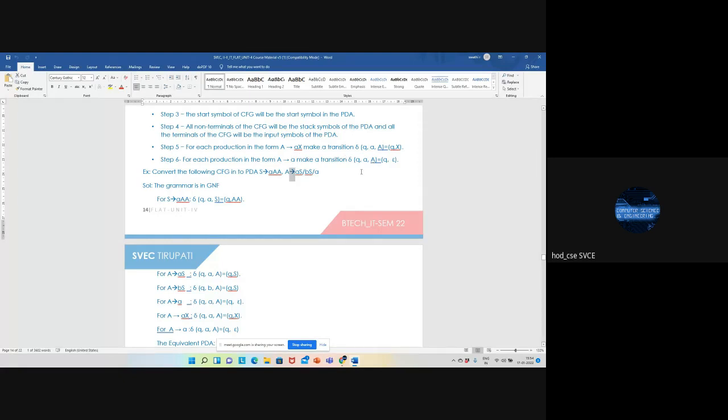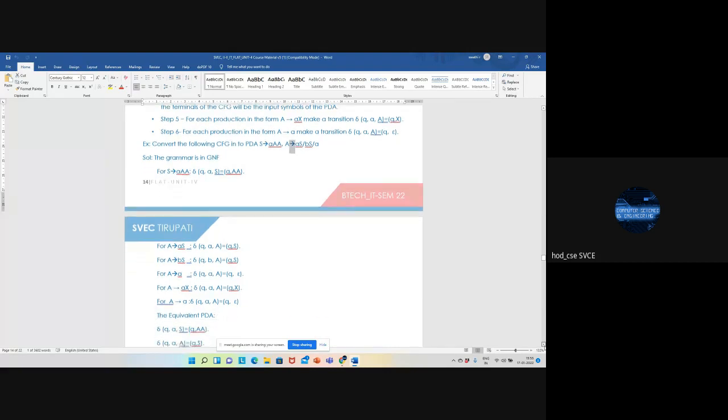So here small a, capital A, is equal to (q, epsilon). It will convert into the pop operation. If epsilon is present, that is a pop operation. If symbols are pushed, then it is a push operation. So all these productions have been completed.